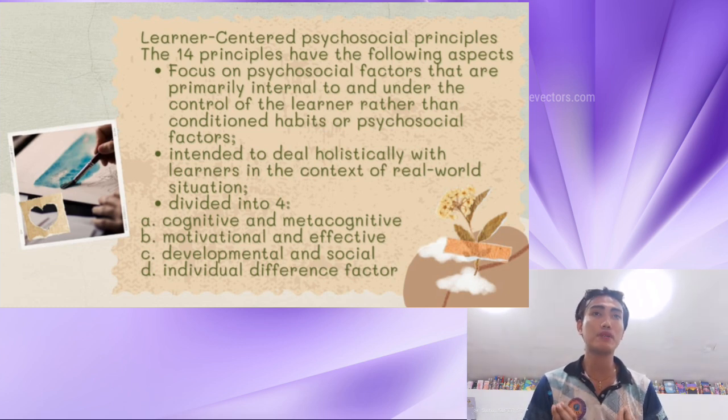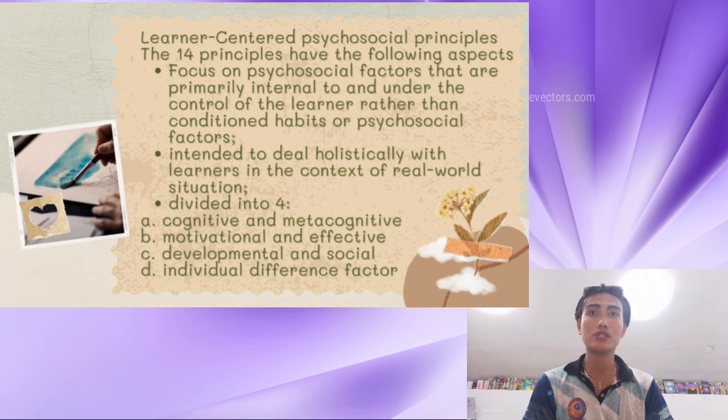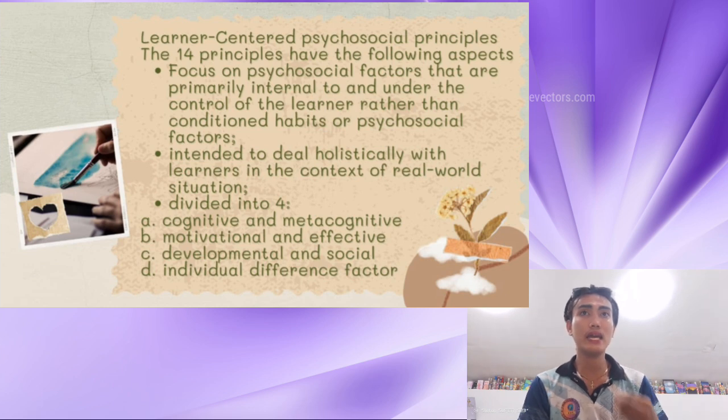Next is the learner-centered psychological principles. The 14 principles have the following aspects. They focus on psychological factors that are primarily internal to and under the control of the learners rather than conditioned habits. And they are intended to deal holistically with learners in the context of real-world situations. The learner-centered principles are divided into four.